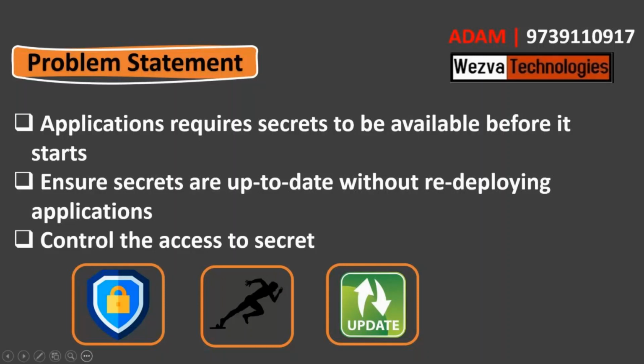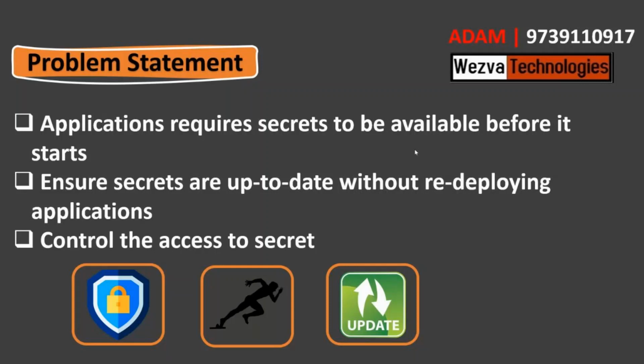Now, the second problem we have is your application would be running, but there are many scenarios in which the sensitive data like the secret or a credential might get updated. So whenever this secret or the credential gets updated, your application has to also take the latest secret and then start running the application. So basically, your application should update the latest content.